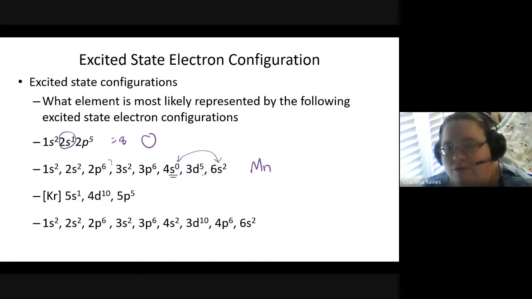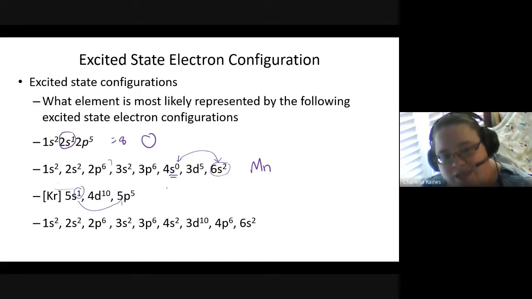So remember, if you're looking at excited, don't read that last part, add up your exponents. So krypton, I can see that there's a problem here. s is missing an electron, so I'm going to assume that it jumped from here to p, because p does have a little bit more energy, so it's a little jump.